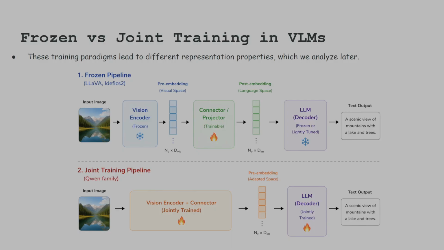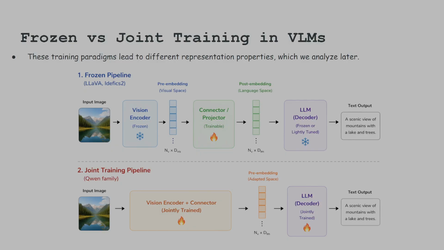Before we go into explaining our analysis pipeline, I want to introduce two types of VLM training pipeline first. This is because the models I'm using are LLaVA and IDEFICS2, and Qwen 2.5 VL and Qwen 3.5. LLaVA and IDEFICS2 use what is called the frozen pipeline, where we freeze the vision encoder and the LLM part, only training the connectors.